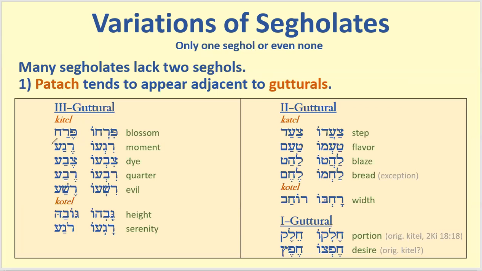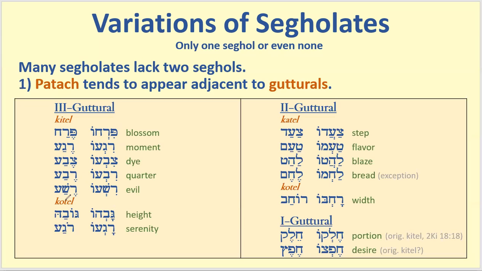Same thing with rega. These two nouns, or actually all of the ones that are here under qittel, all have an original chirik, but you can see that that second segol is a patach because of the gutturals. Tseva, rega, resha. And over here with their suffix endings, pircho, rigo, tziv'o, and so on.